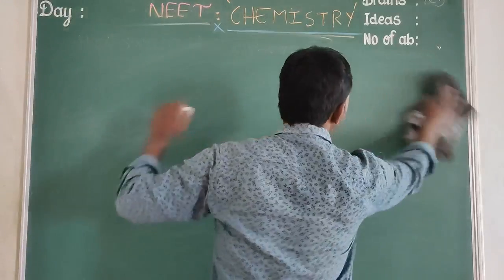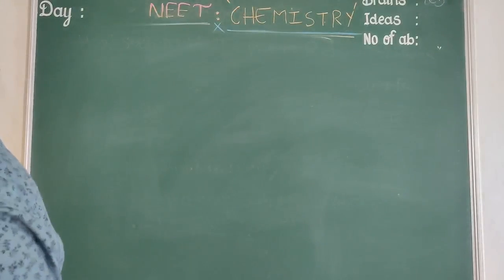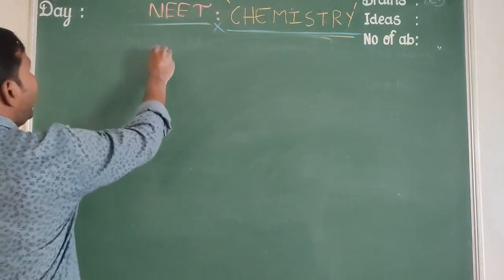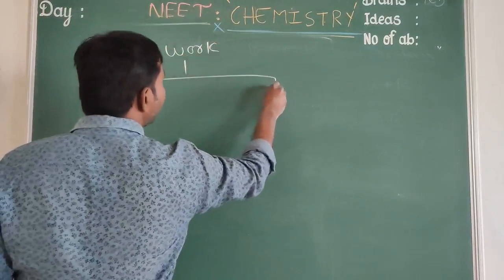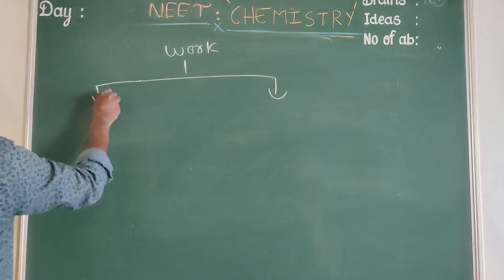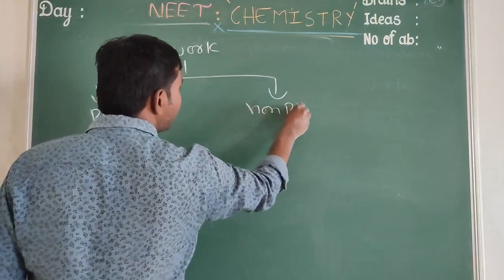Next one. Generally, work has two types: PV work and non-PV work.